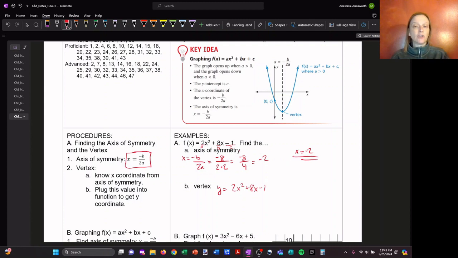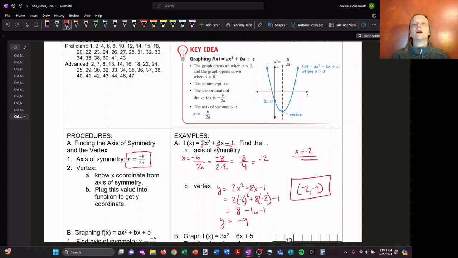So I'm going to plug in negative 2 where I see x. 2 times negative 2 squared plus 8 times negative 2 minus 1. Well, negative 2 squared is 4, and 4 times 2 is 8. 8 times negative 2 is negative 16, and we subtract 1, and we end up with negative 9 as our y value. Therefore, the coordinates of the vertex are negative 2, comma, negative 9.